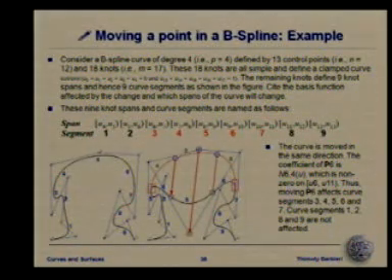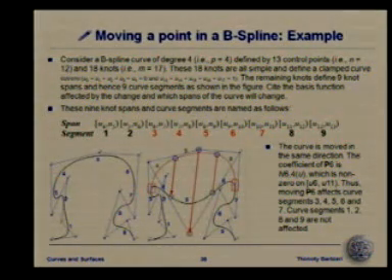But the Cox-de Boer formulas are always zero, except in ranges which are localized around the knots. So it really depends on how you have placed the knots over here. They define the spans, well, the areas, the segments on the curve, which will be affected by a displacement of a control point, and the spans which will not be affected by the displacement of a control point.